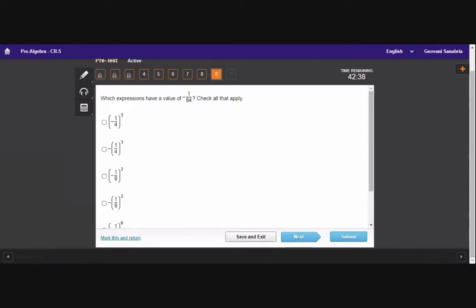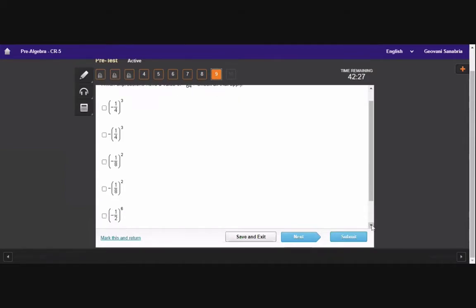The first two answers are the same answers, because the exponent is odd on the first two and even on the second two. Here, let me write these answers down and then I'll share and explain.